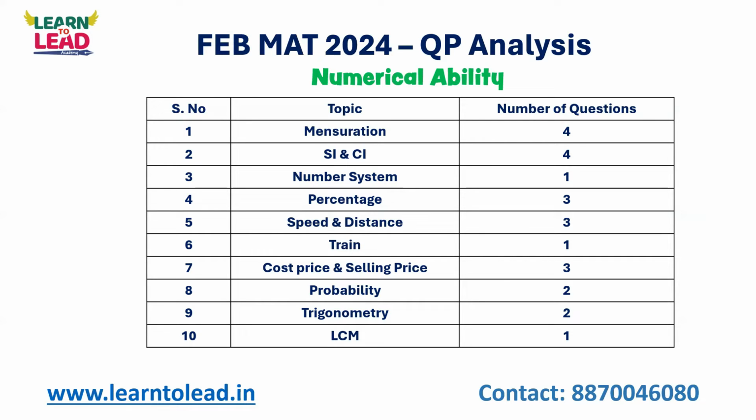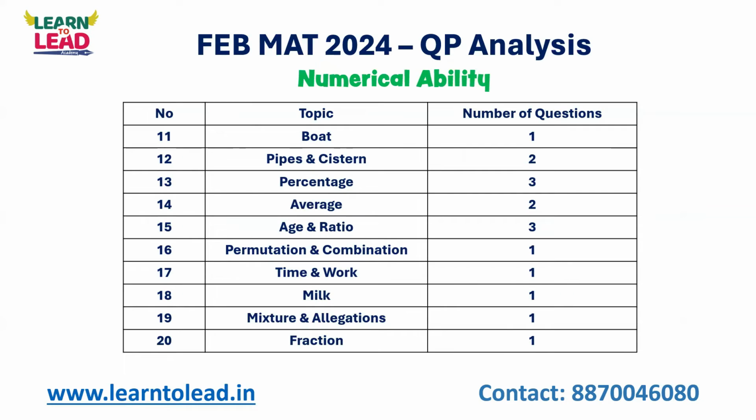Number system 1 question, percentage 3 questions, under time, speed and distance 3 questions, prime problem 1 question, cost price and selling price, that is profit and loss based problems, 3 questions, probability 2, trigonometry 2, LCM 1, boats and streams 1 question, pipes and cistern 2 questions, percentage 3 questions, average 2 questions, age and ratio based problems 3 questions, permutation and combination, time and work, allegations and mixture, milk based problems and fractions.